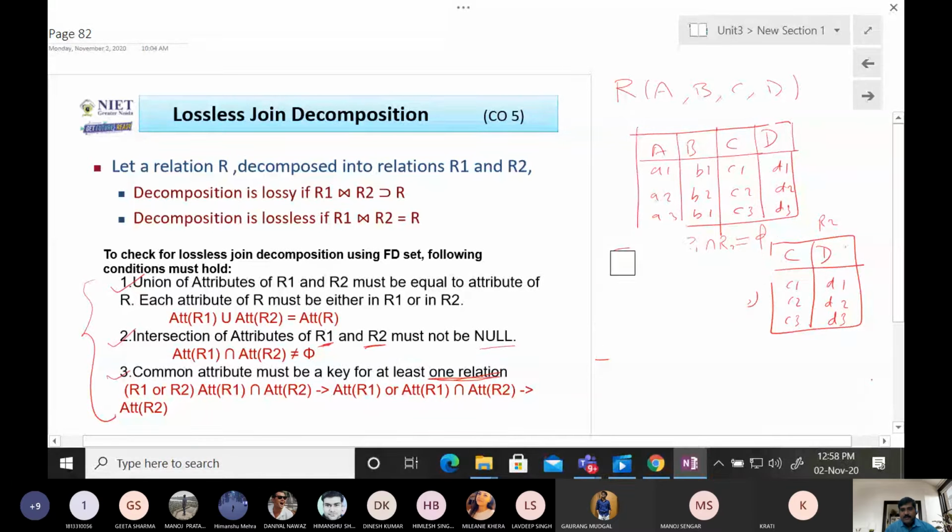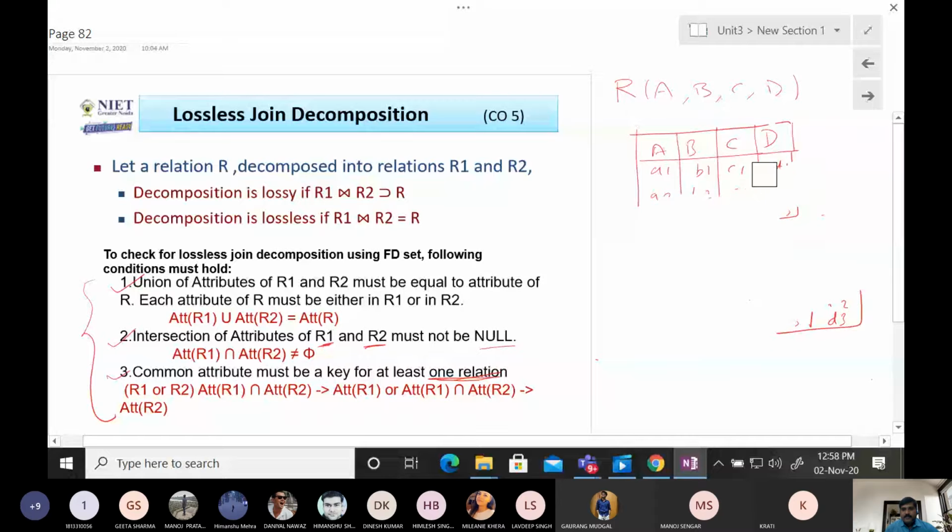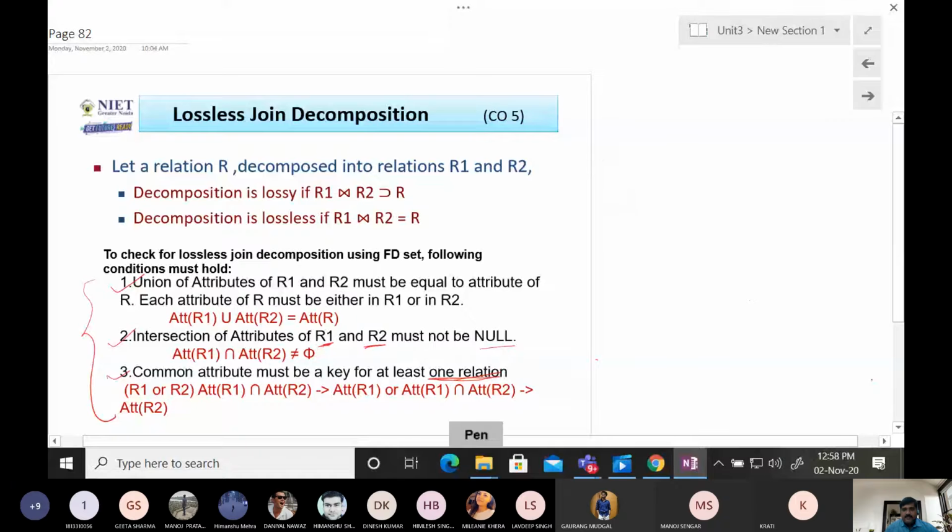Now, third condition. See this table for the third condition.